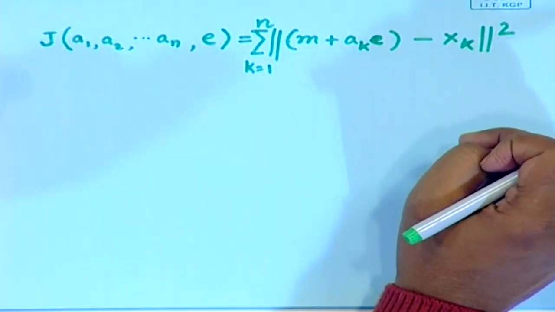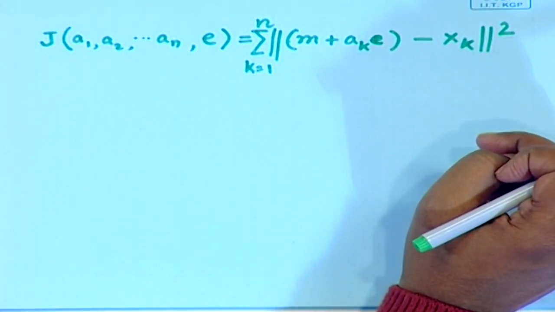And what we try to do is minimize this sum of squared error in terms of a. I want to find out what are these a's, the positions on the straight line by which my d-dimensional vector should be represented, assuming e to be fixed. I don't touch e for the time being.